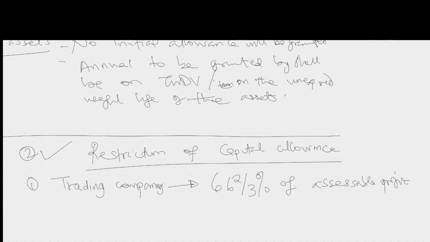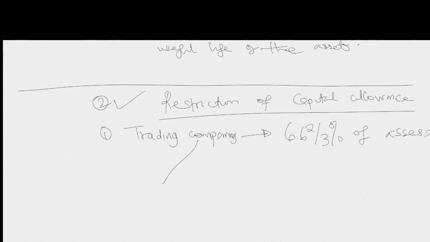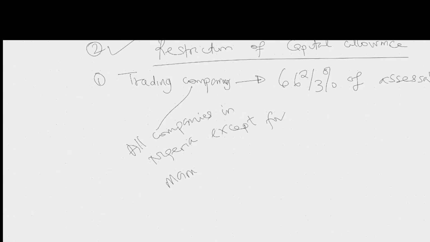All companies in Nigeria, except for manufacturing company and agricultural company. All of them are going to restrict the capital allowance.